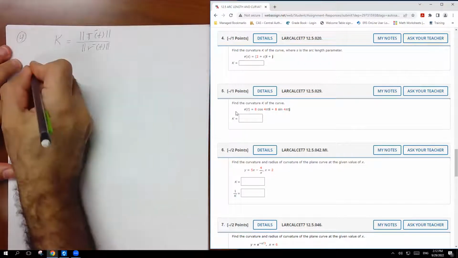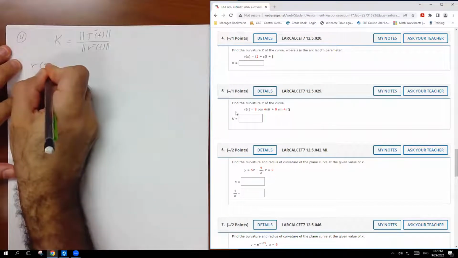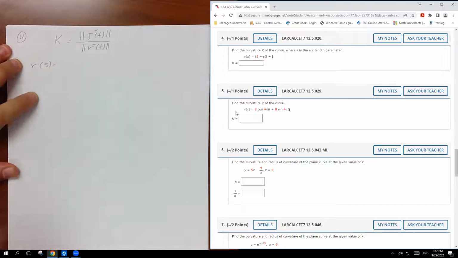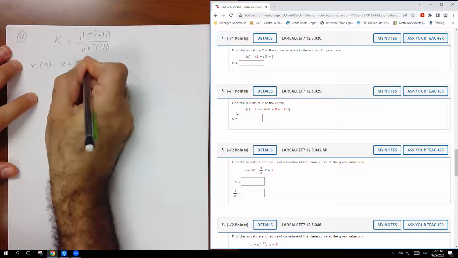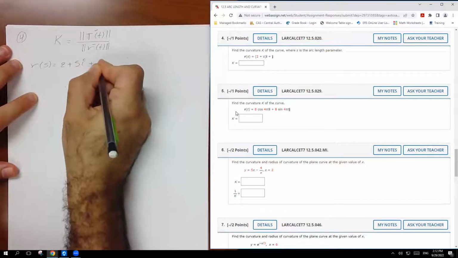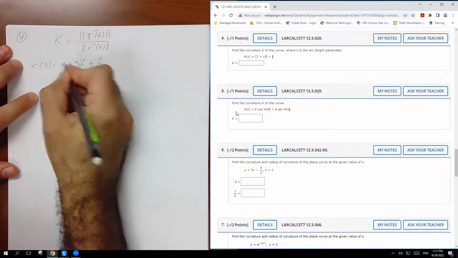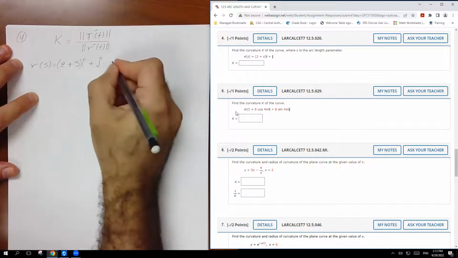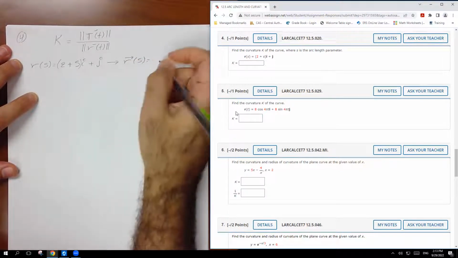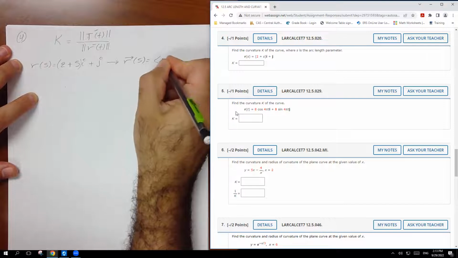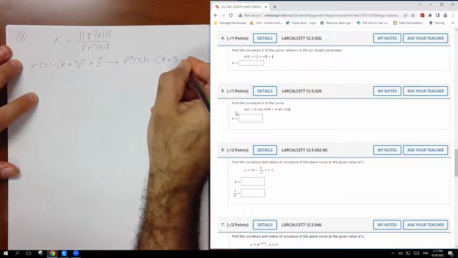So r of s, the function we have, is 2 plus s i plus j. Careful, the 2 plus s is all for i. That means r of s is going to be 2 plus s and 1.